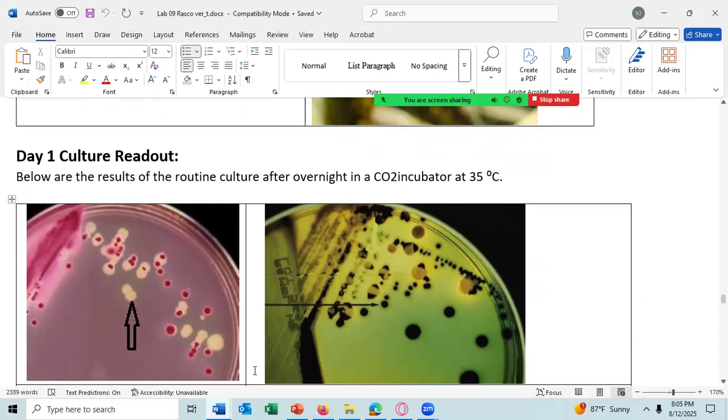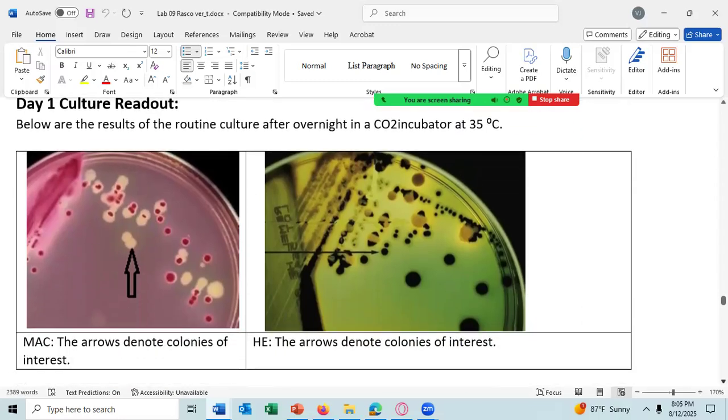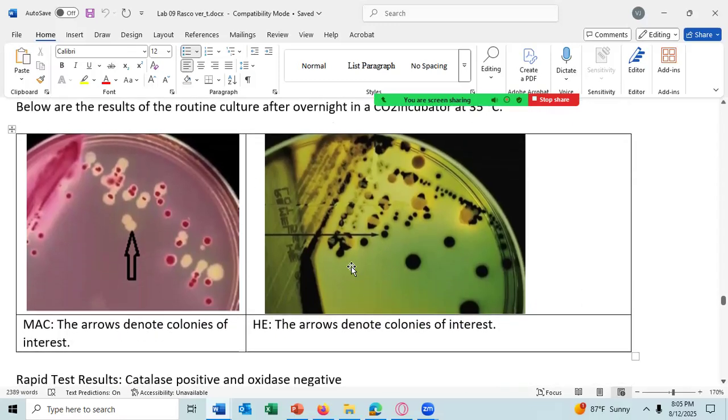So here we have the colonies grown on MacConkey's plate, and the arrow is pointing at an important colony there. And here we have the bacteria growing on HE plate, and the arrow is pointing to a colony of interest.